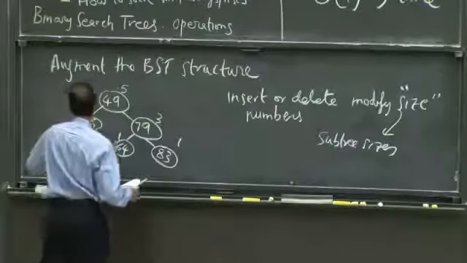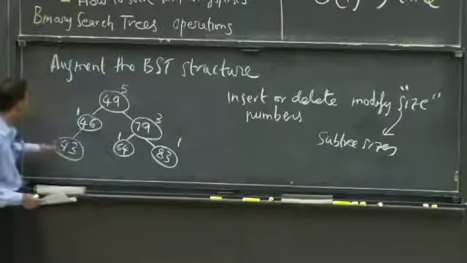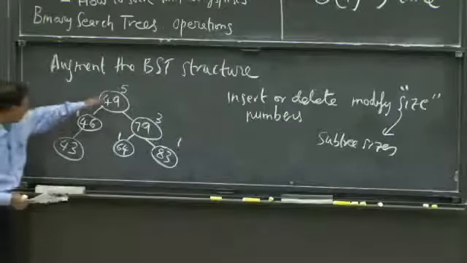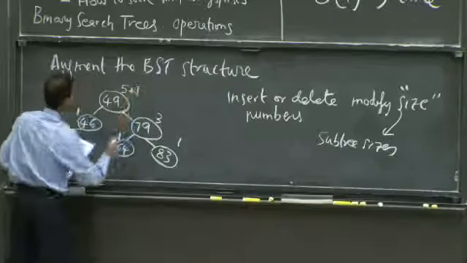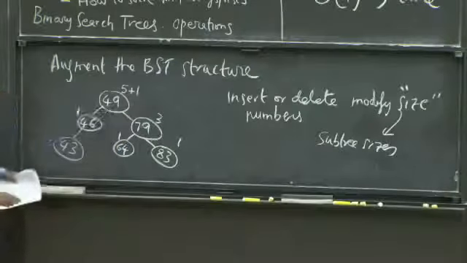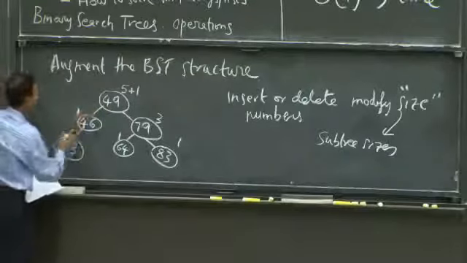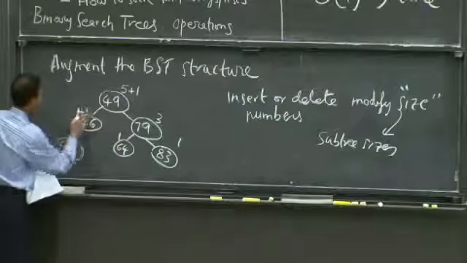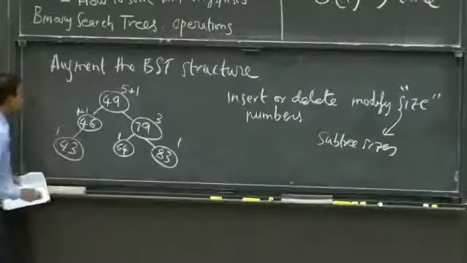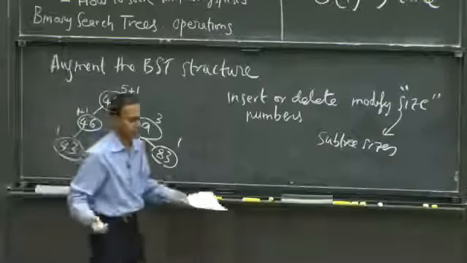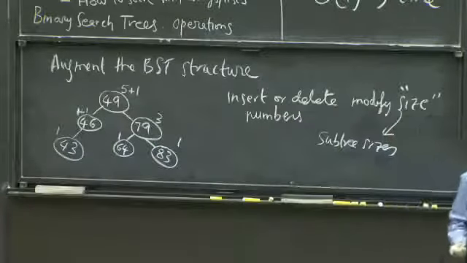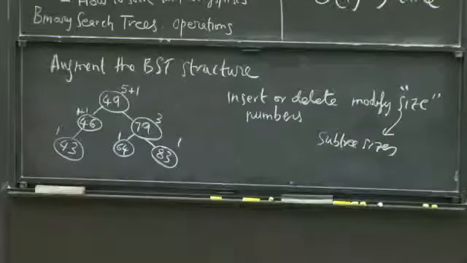So you add 1 to this, and you'd add 5 plus 1 because you see 49. Then you'd go down and you'd see 46, and so you'd add 1 to that. And then finally, you add 43, and since it's a leaf, you assign the subtree size of this new node that you put in there to be 1.